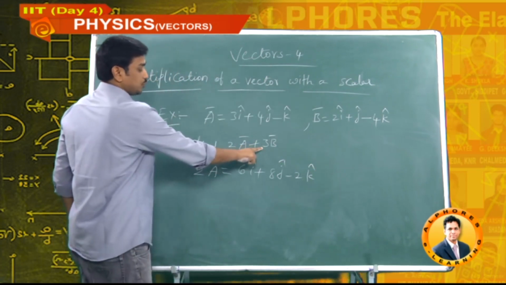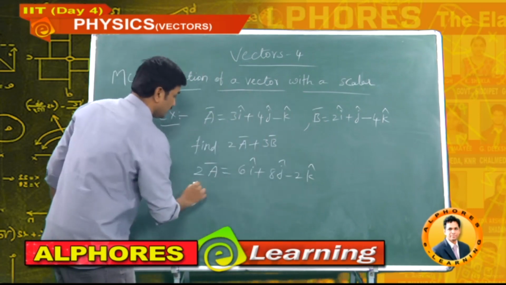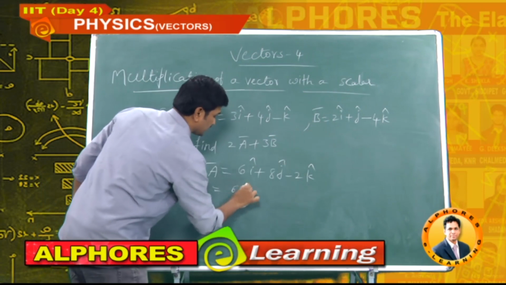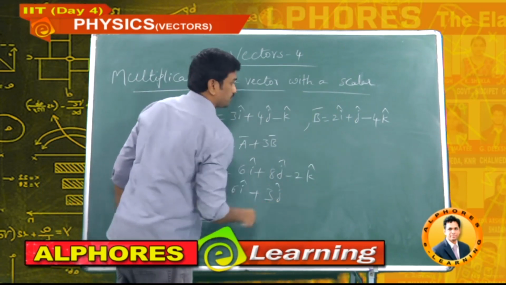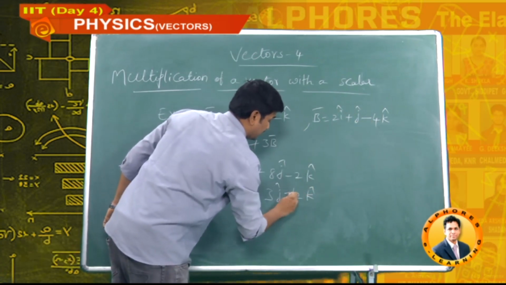Next 3b bar. b bar multiplied with 3. 3 into 2, 6. 3 into 1, 3. 3 into 4, minus 12k cap.